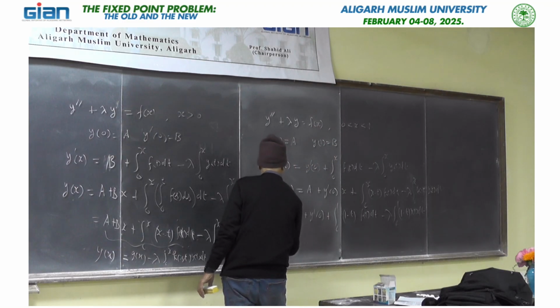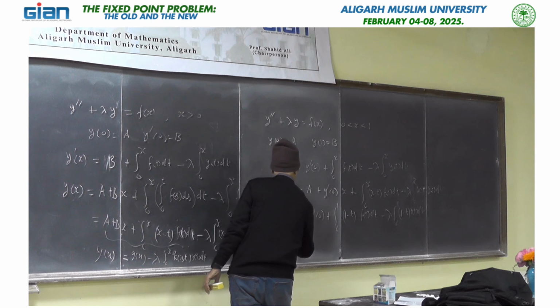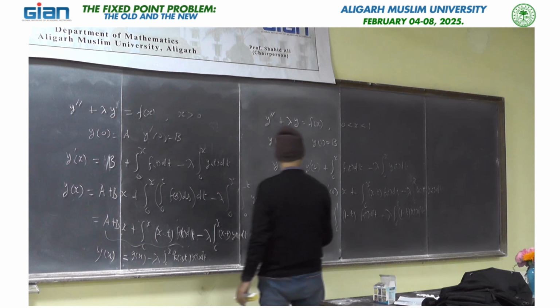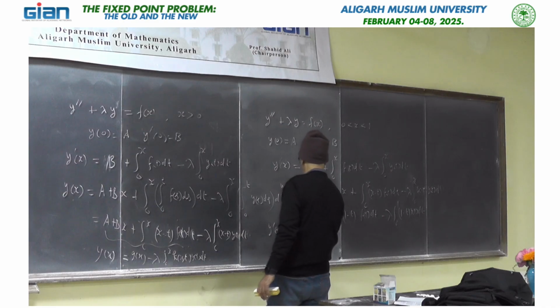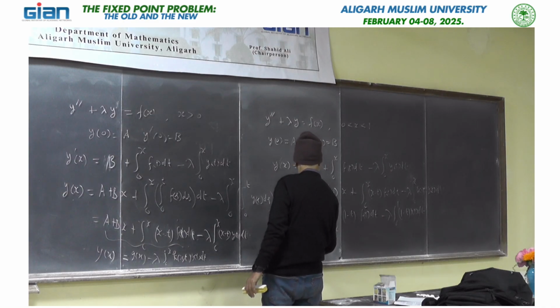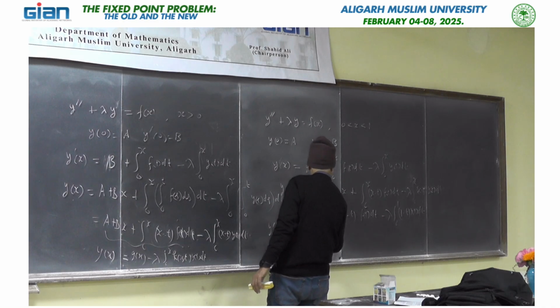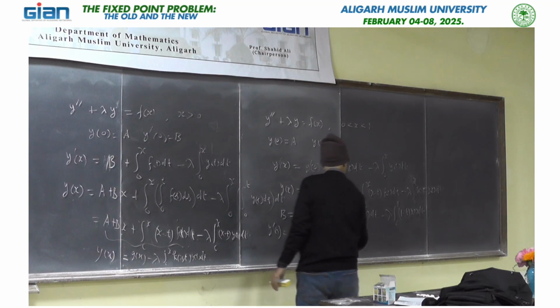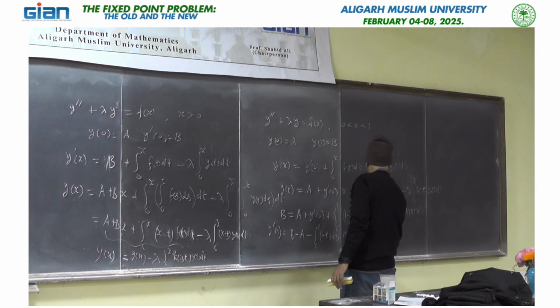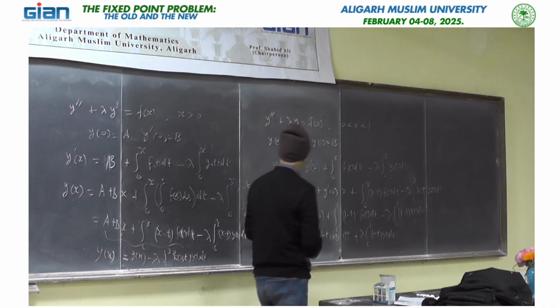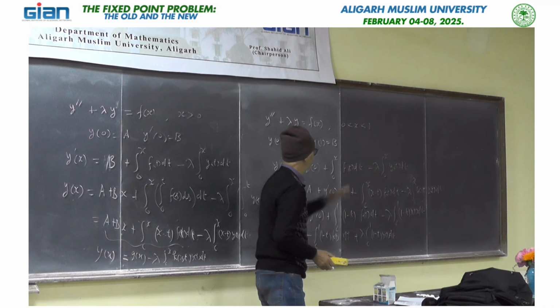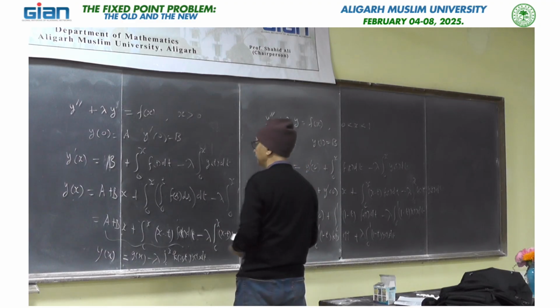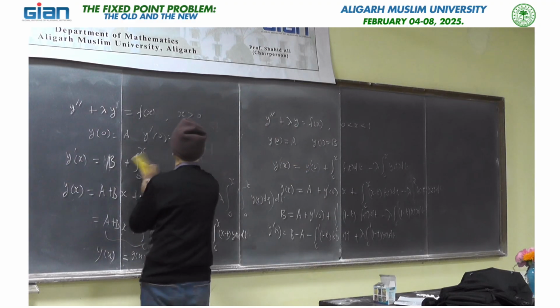That is, y prime(0) is b minus a minus the integral from 0 to 1 of (1 minus t) f(t) dt plus lambda times the integral from 0 to 1 of (1 minus t) y(t) dt. So, substituting that here, we will get the corresponding integral equation.